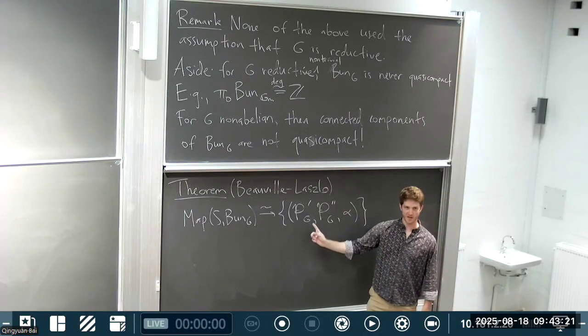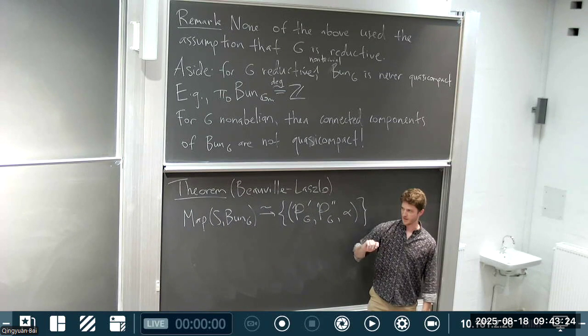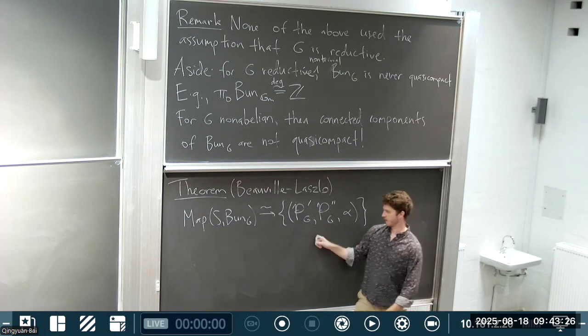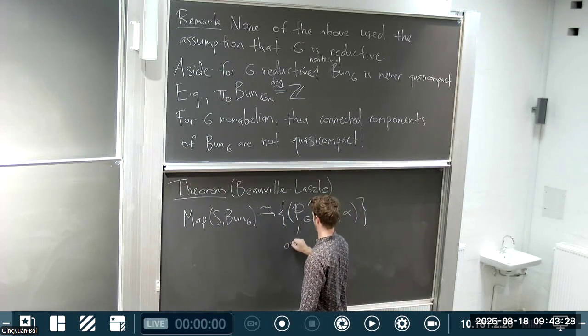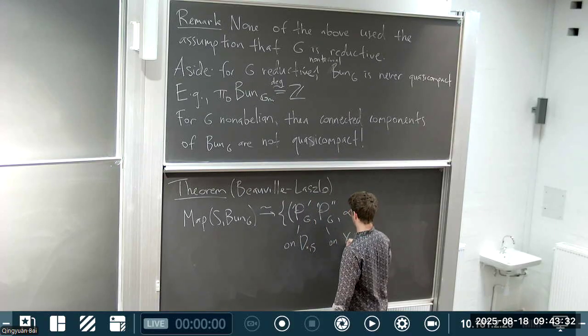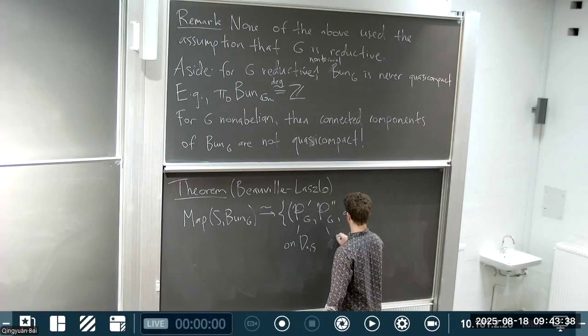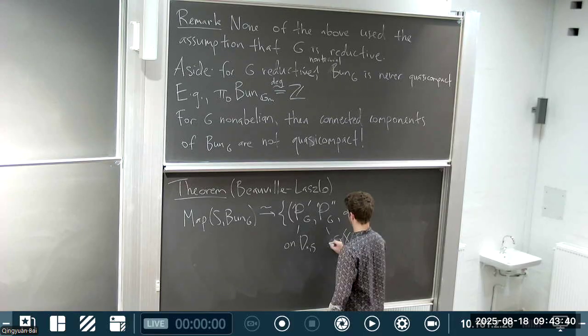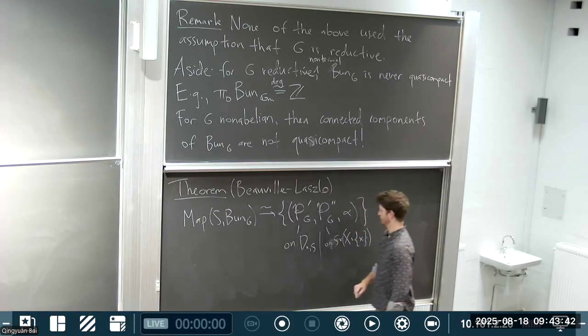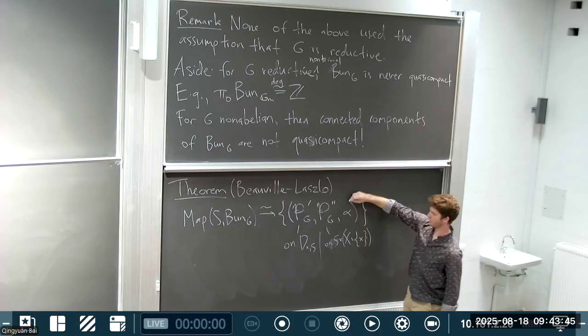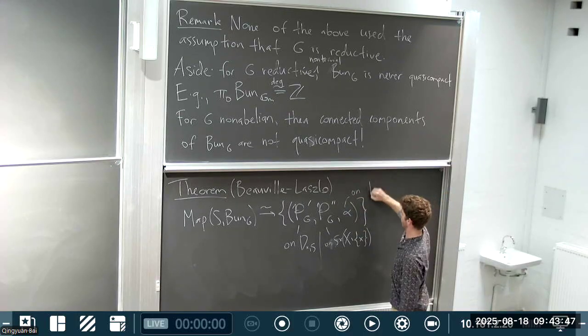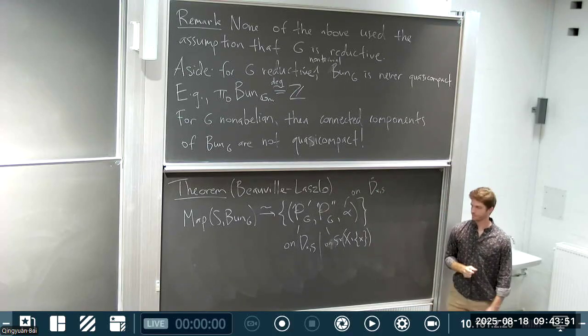I specify a G bundle on D x comma s, a G bundle on X minus the point little x times S, and an isomorphism over the punctured parameterized disk.